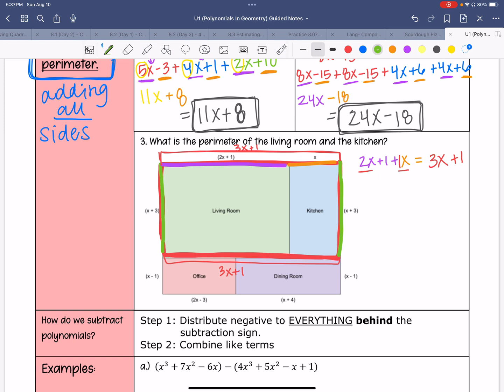So I have 3x plus 1 plus 3x plus 1 plus x plus 3 plus x plus 3. So now I want to take my like terms, 3x plus this is an understood 1x plus that's an understood 1x. So 3x plus 1x plus 1x is going to give me 5x, sorry, 8x.